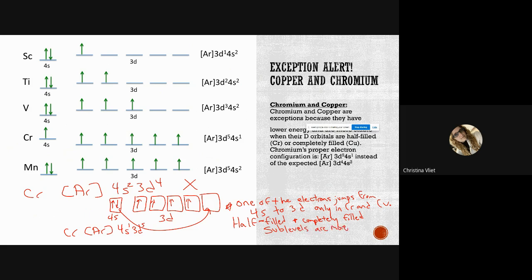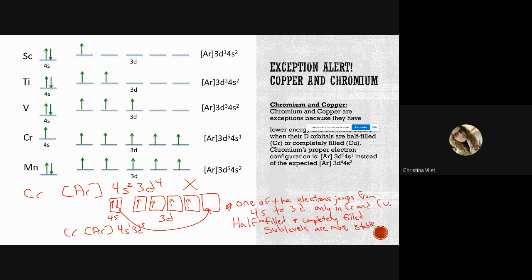They're more energetically favorable. And so that means that 3D5 and 3D10 are actually more favorable than having one away. So half filled and fully filled energy levels are more favorable for stability.